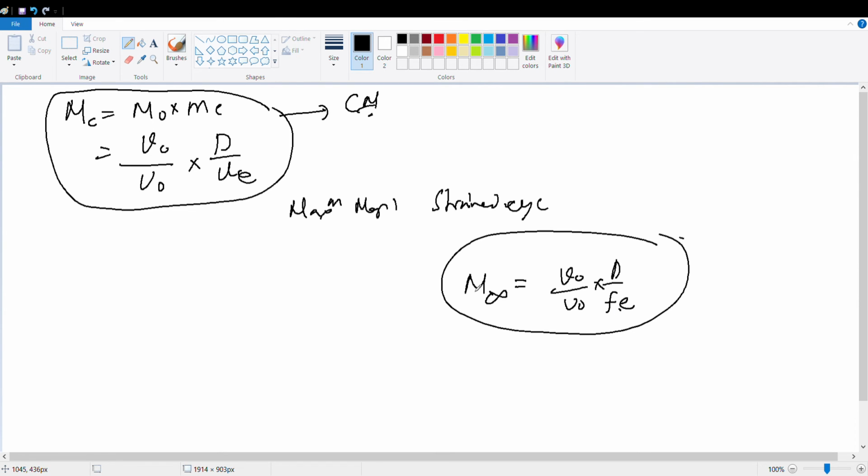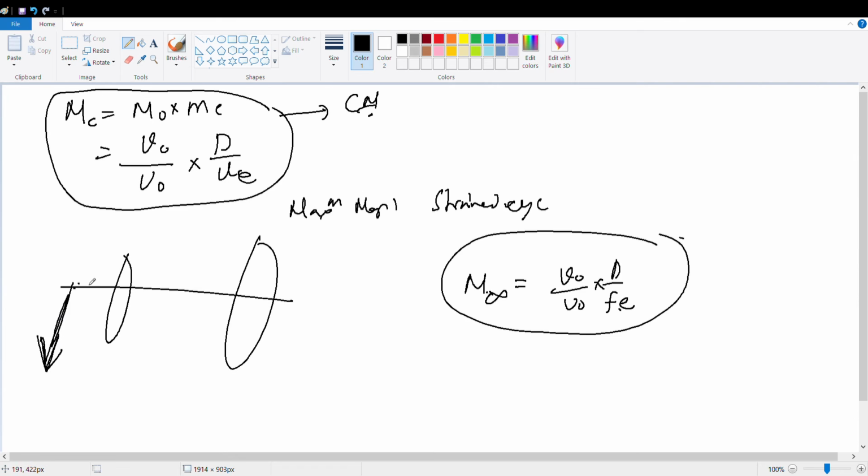Because if you want to get maximum magnification, you want the image at infinity. Normally you get the final image here, but you are keeping it here. If you want this one very big, you should keep this one ideally at the focus. You know very well that if the object is placed at the focus, the image is at infinity. Yes or no?